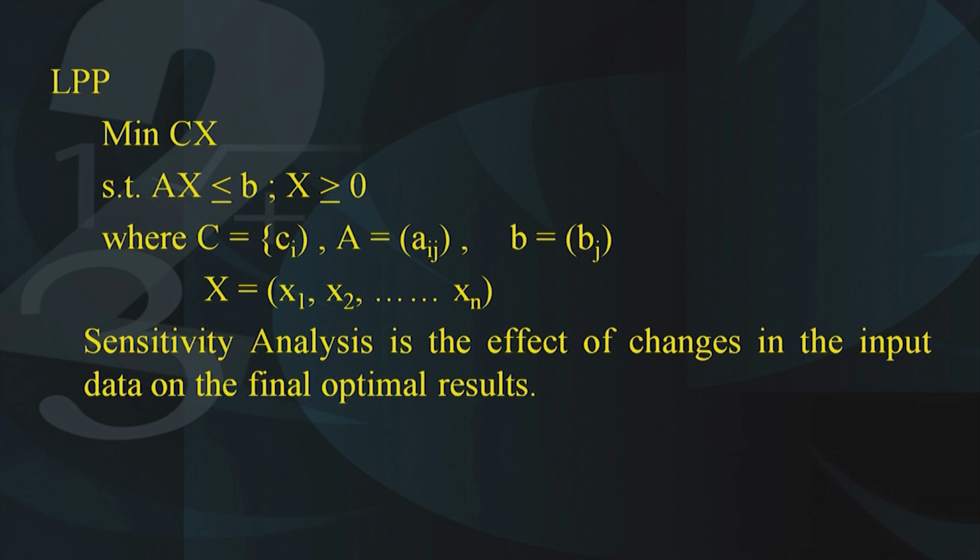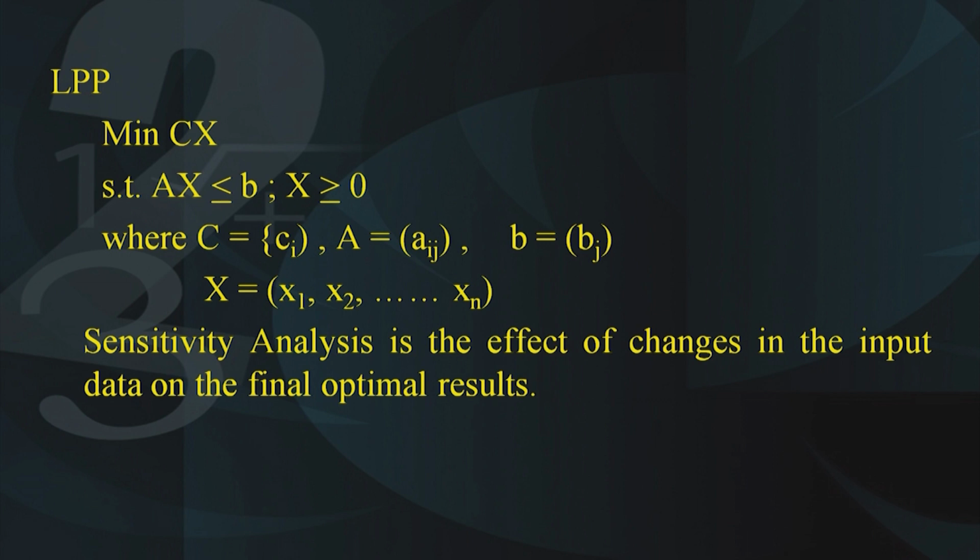As you know that sensitivity analysis means that if we make slight changes in the input parameters of a linear programming problem, what will be its effect on the final solution?